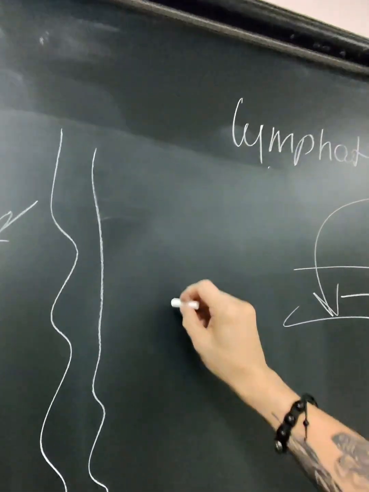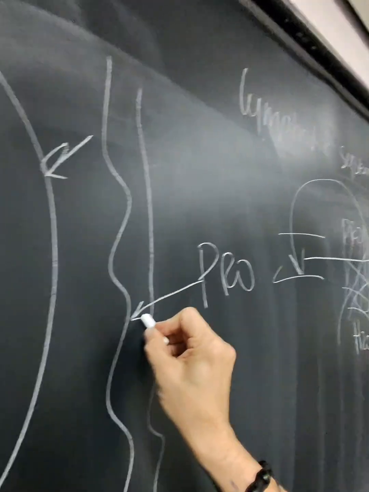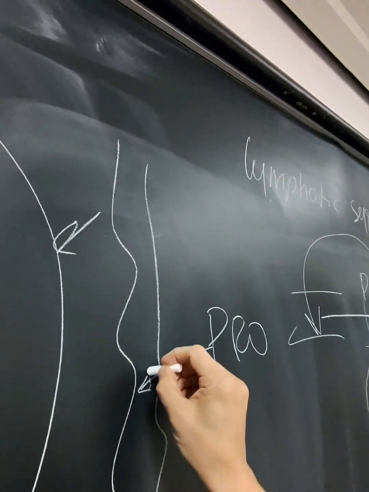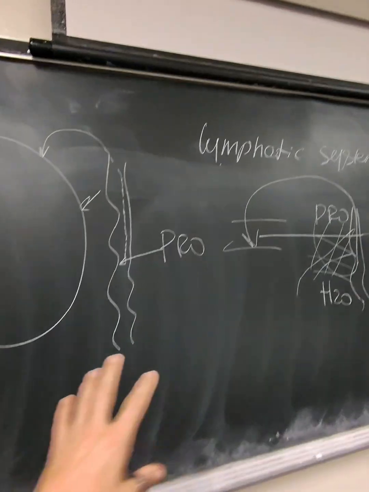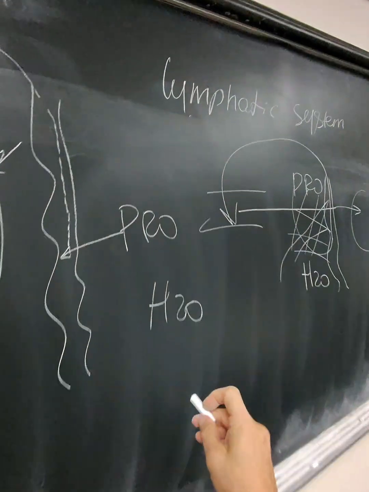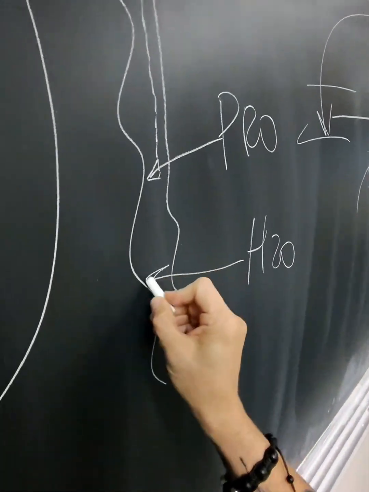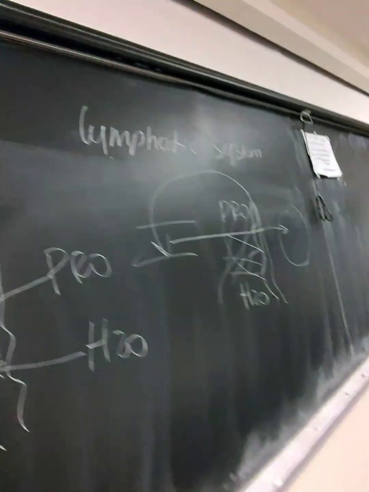So if you have this lost protein, we will take it into the lymphatic system and return it back into the circulation. Same thing happens with water. If there's lots of water, to prevent edema, we can also bring it into the lymphatic system and return it back into the circulation.